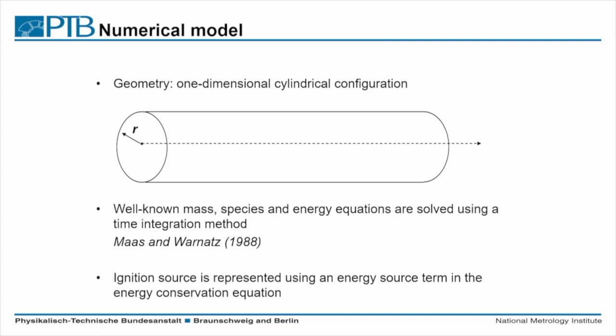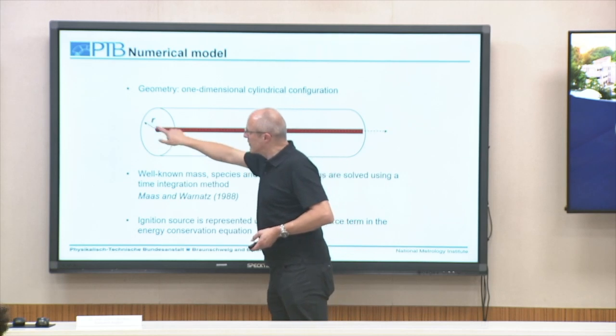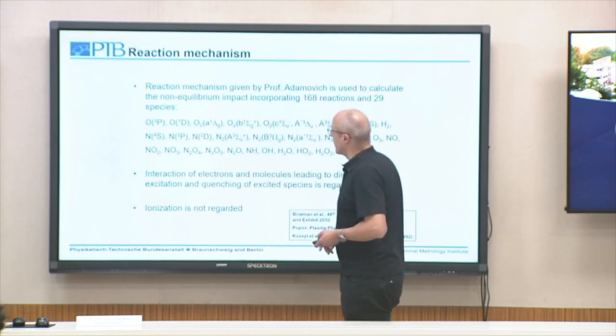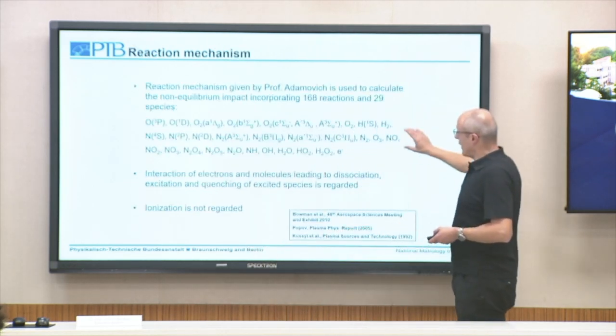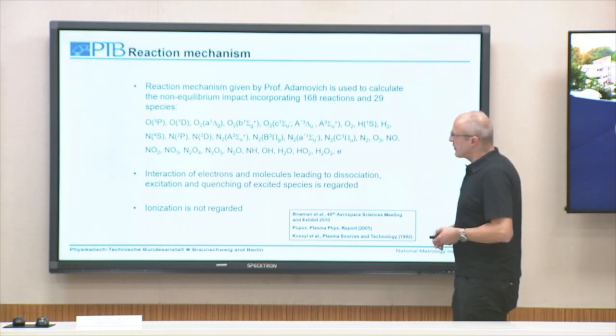So we use this 1D configuration I have explained before. So we have only spatial dependencies along this coordinate. We have now a lot of additional species to consider.